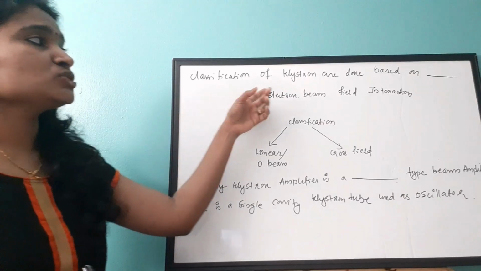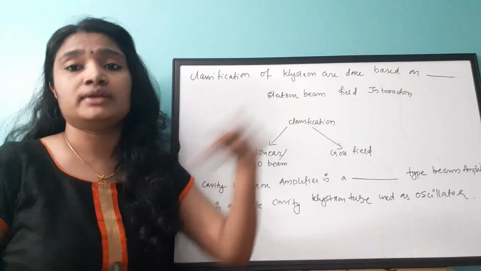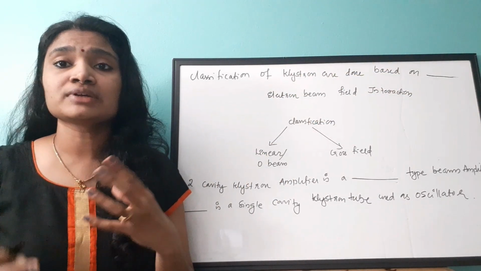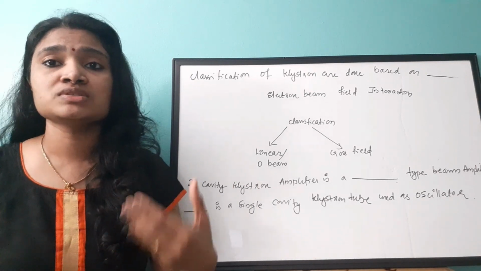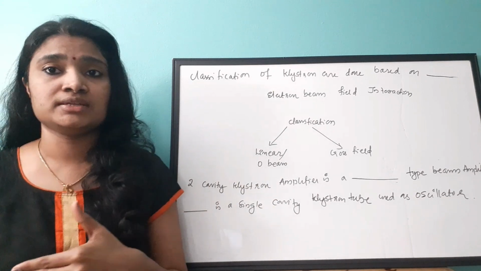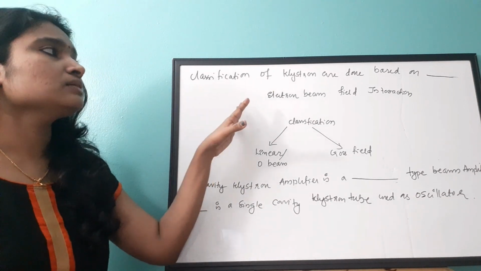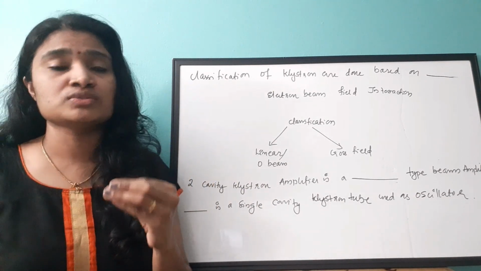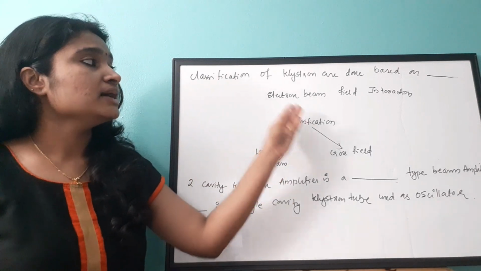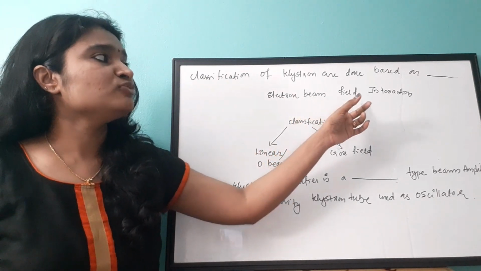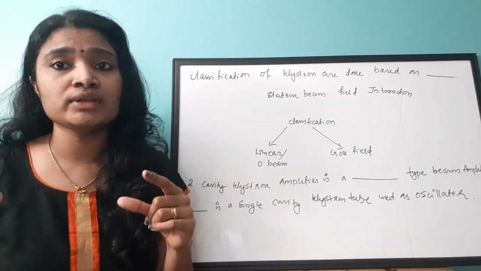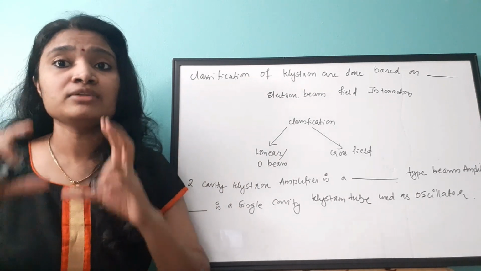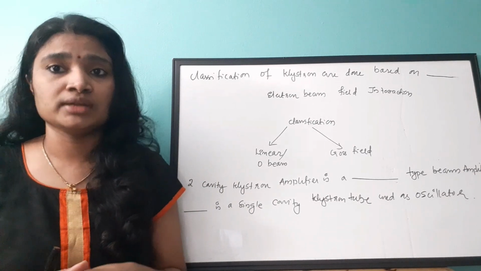Okay. Classification of klystron is done based on dash. I have told at the beginning itself that klystron can be used as amplifiers and oscillators. But the major classification of these klystrons is done based on the electron beam field interaction. That is, this electron beam is actually getting modulated with the applied field or voltage, right?